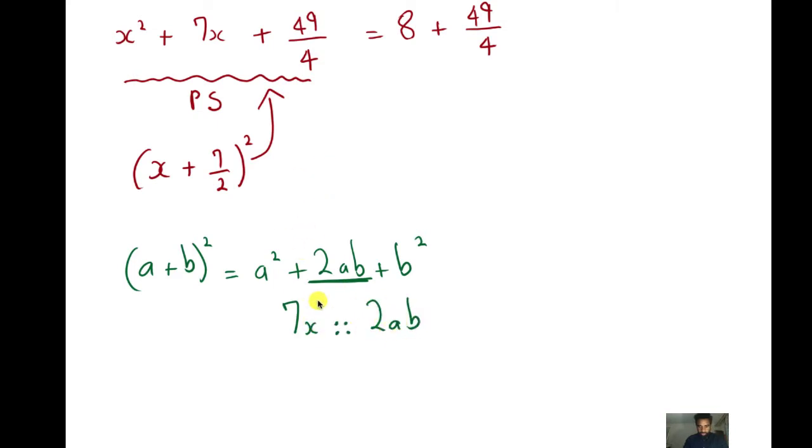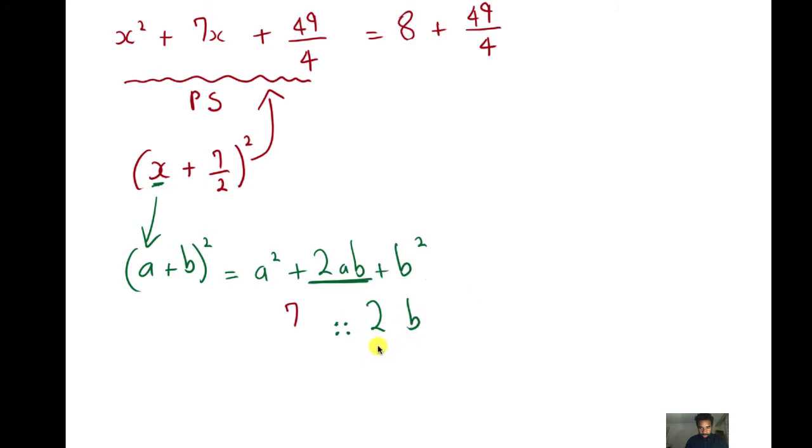Let's put this 7x in the same color so you don't get too confused. If 7x is equivalent to 2ab, and we had also established that this x is equivalent to the a, so we can cross out the a from both sides. So now I'm saying that 7 is equivalent to 2b.